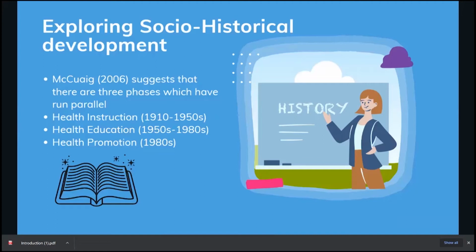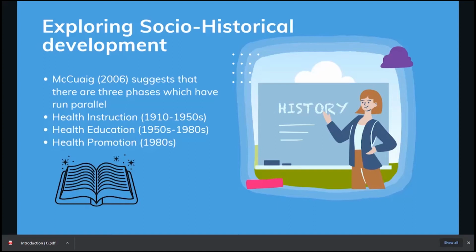Second, health education, from the 1950s to the 1980s, in which there was an individualized approach to taking care of themselves. The main drawbacks of this individual approach are the victim blaming noted by Colquhoun and a failure to acknowledge that there are multiple layers of influence.